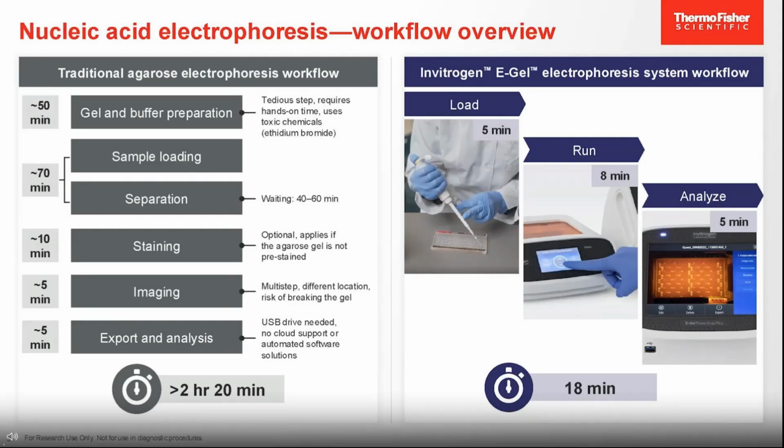Then we have the sample loading and separation step, in which you get your actual electrophoretic separation of your nucleic acids. Then you have the staining step if you don't have the stain inside your gel already, and then imaging and export and analysis.